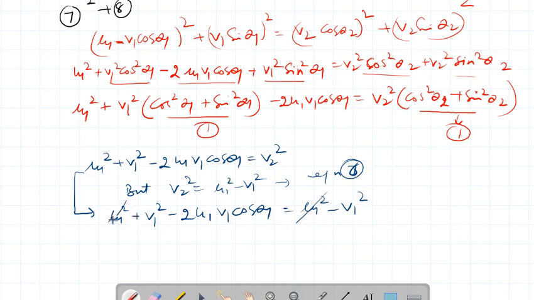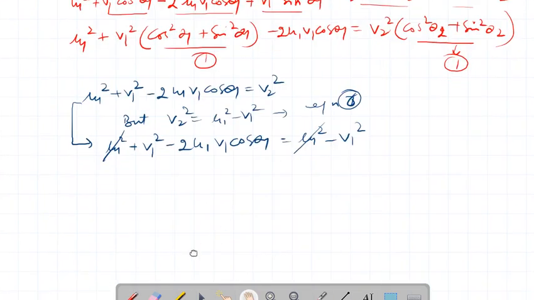This u1 square will cancel out because both are equal and lying on opposite sides.